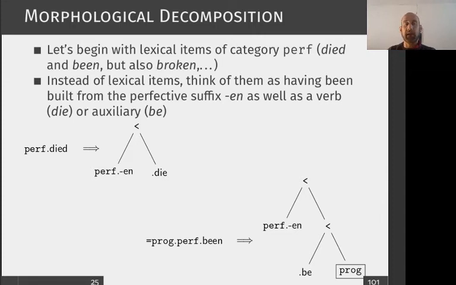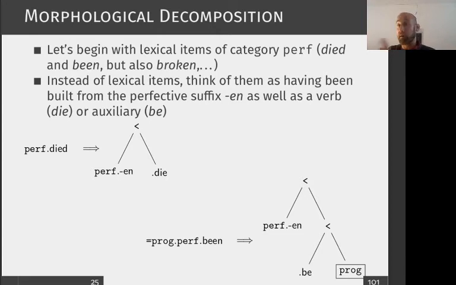Okay, and likewise here with this bottom tree, I'm doing something sort of sneaky. In order to treat that lexical item, been, as something that's been derived, we have to have combined be with a progressive thing, right? Because been wants a progressive argument to become a perfective expression, okay? But we can't allow be to combine with a lexical item before it's taken what it wants, okay?